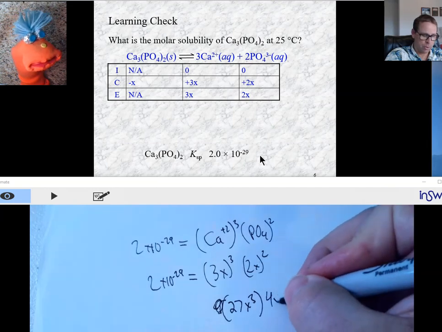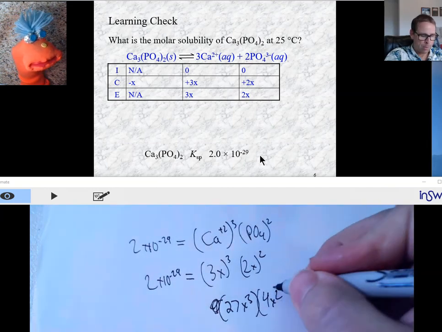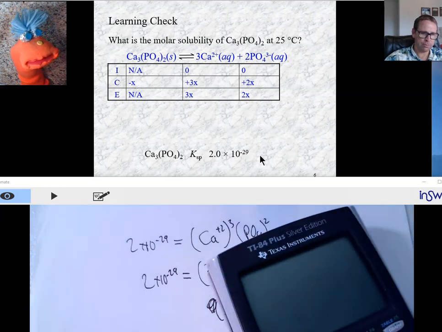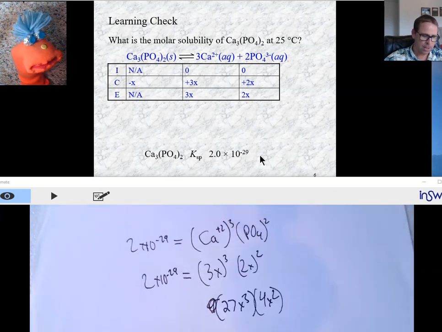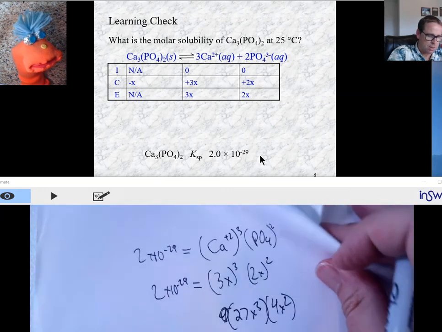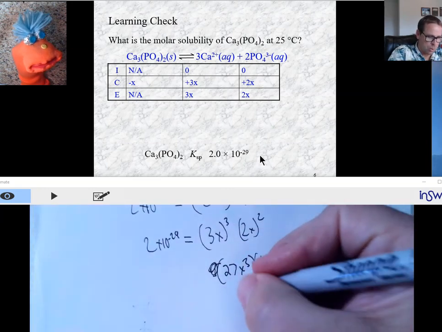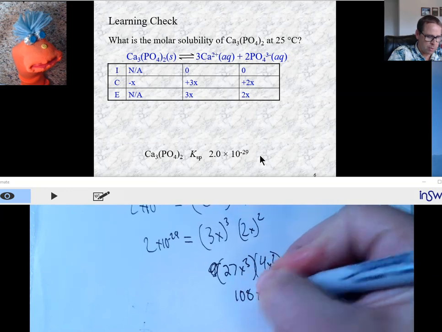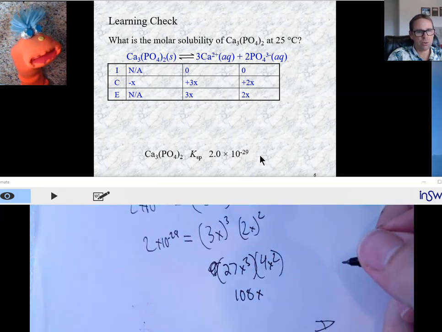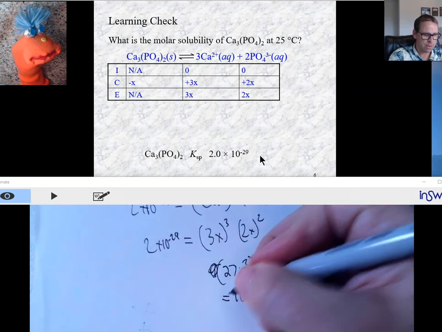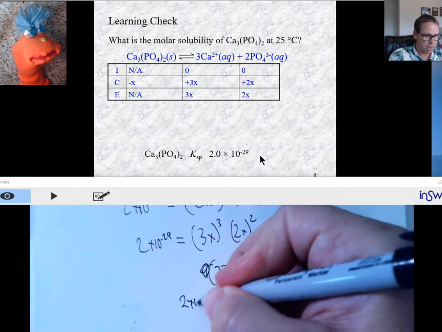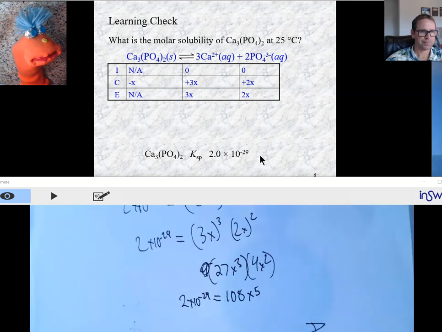Yeah, 4x squared. What's 27 times 4? I'm not sure. 27 times 4, 108. So this equals 108. And what do I do with my x's? You add those exponents, right? X to the 5th. That's right. 108x to the 5th, and that equals 2 times 10 to the minus 29.